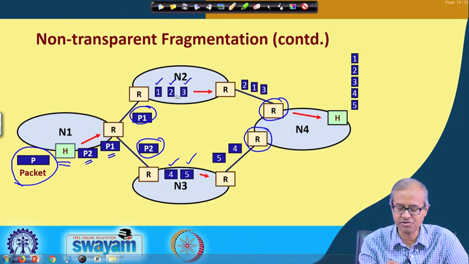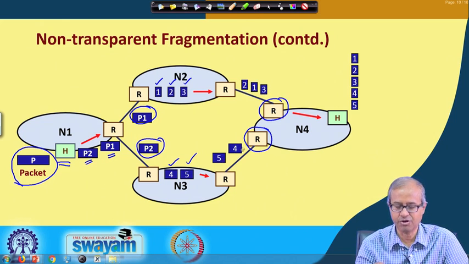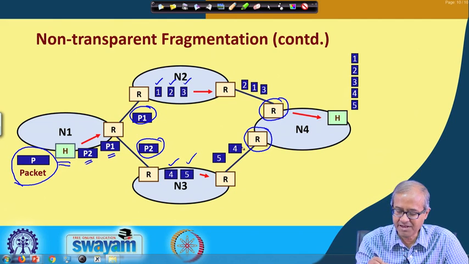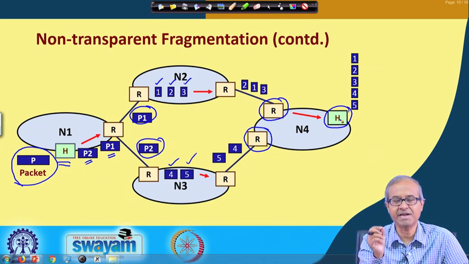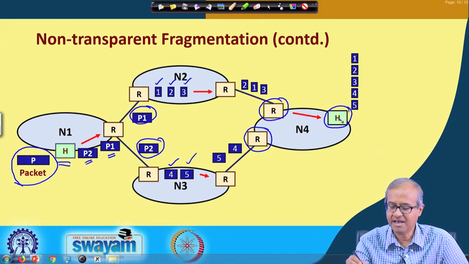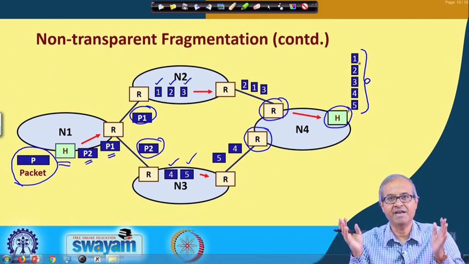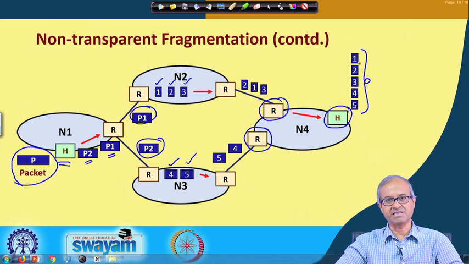So, maybe 1, 2, 3 will be received in some other order, 3, 1, 2 or 2, 1, 3, and maybe here in the order 5, 4. Finally, all these 5 smaller packets or fragments will reach the destination host, and the destination host will look at some of the fields in the header and put together the fragments in proper order, and it will generate the original packet. This is how non-transparent fragmentation works.